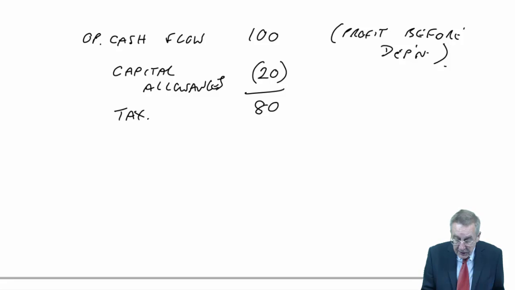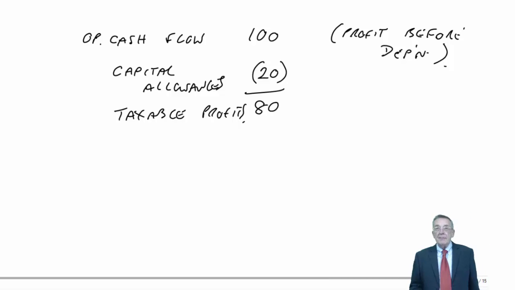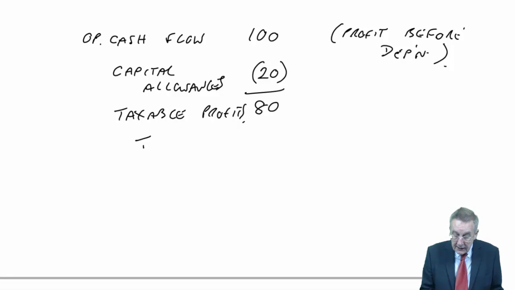That would mean the taxable profits were 80. And it's on that figure that they'd actually calculate tax. And again, I'm making up a figure. Suppose tax is 30%. The tax would be 24.